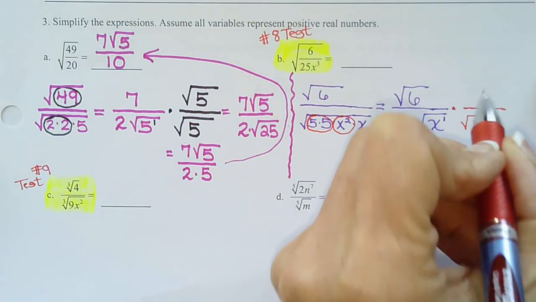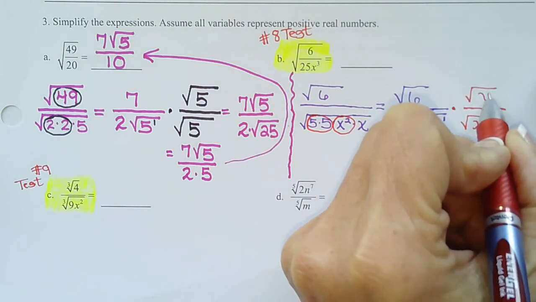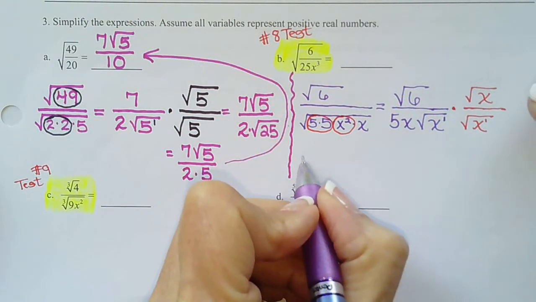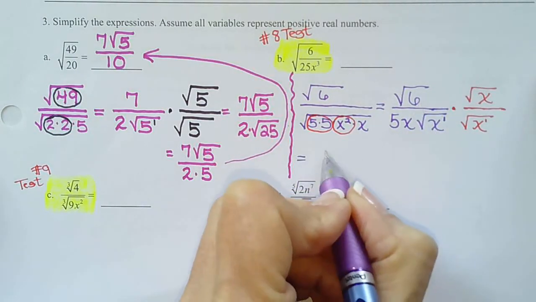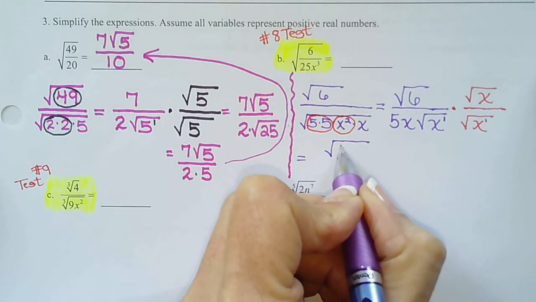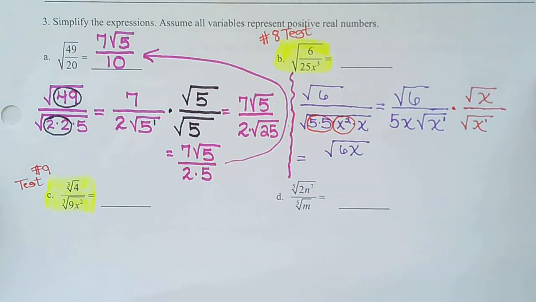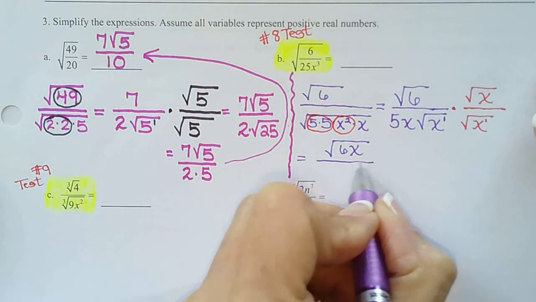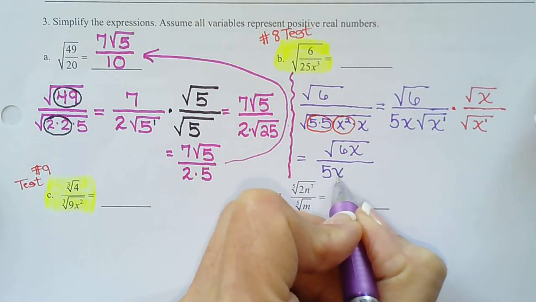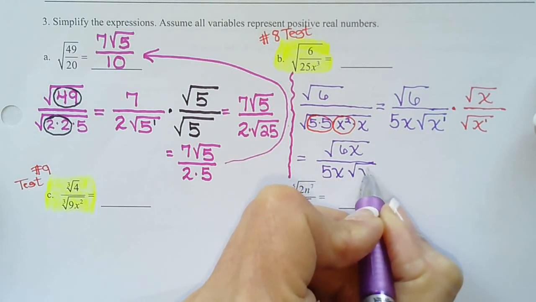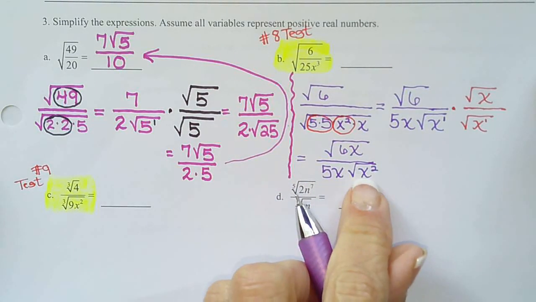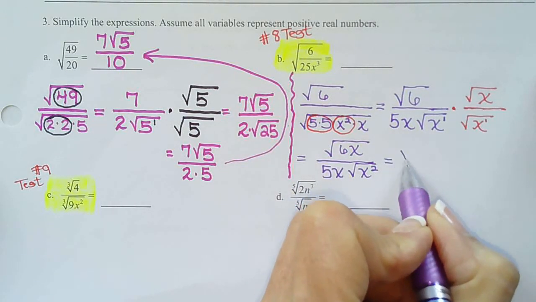But whatever I do to the denominator, I have to do the exact same thing to the numerator. So what do we have now? In the numerator, they're both under the radical, so we're allowed to multiply them, so that would be 6x. In the denominator, we have 5x outside and x squared inside. We made our perfect pair, so that's going to pop out on the next step, right?